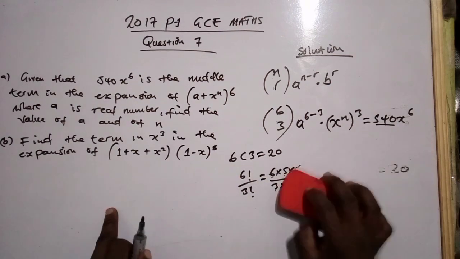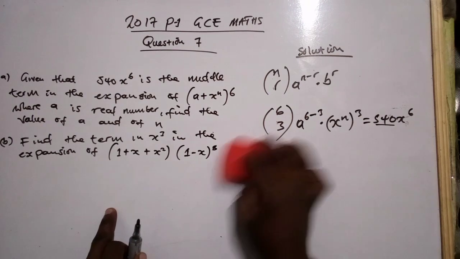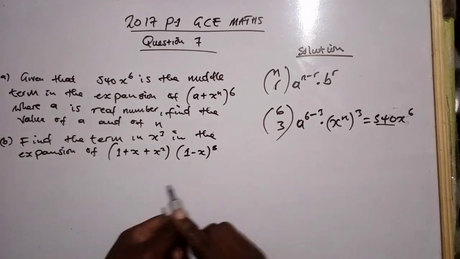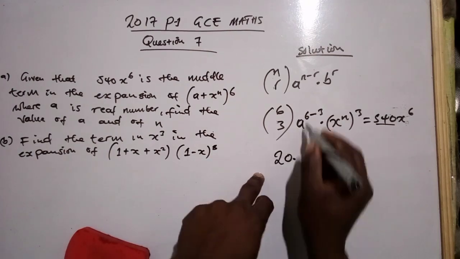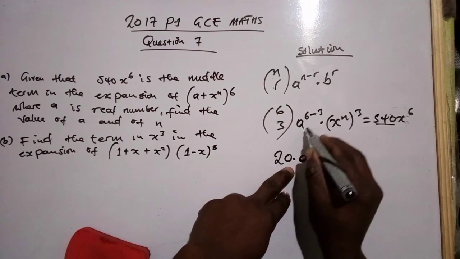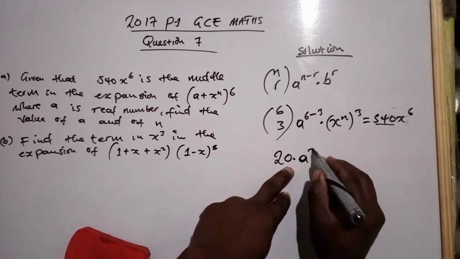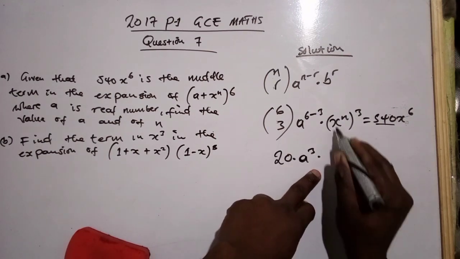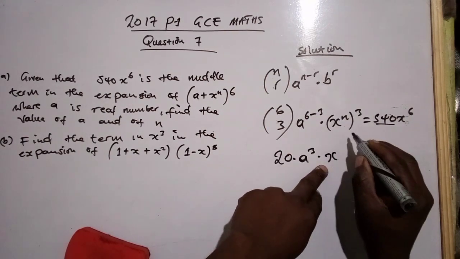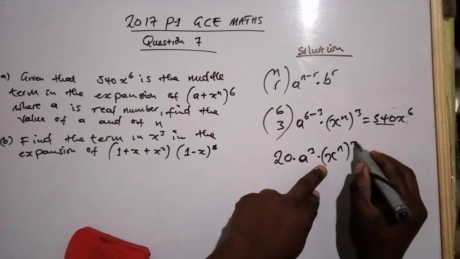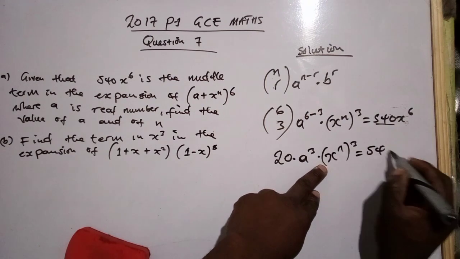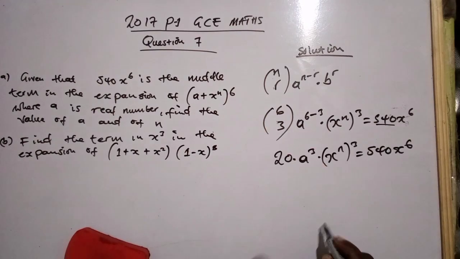So since in the binomial expansion we found 20, you multiply by a to the power 6 minus 3, which is a cubed, multiplied by x to the power n, to the power 3, which equals 540 x to the power 6.